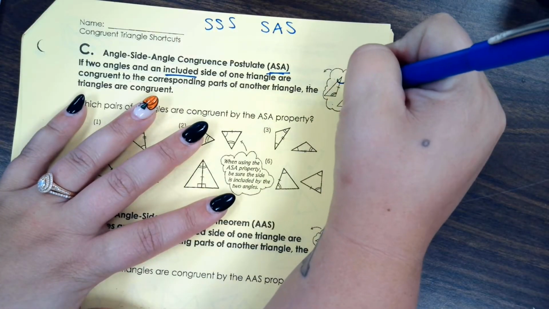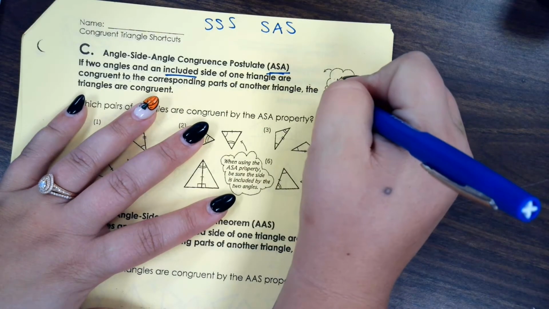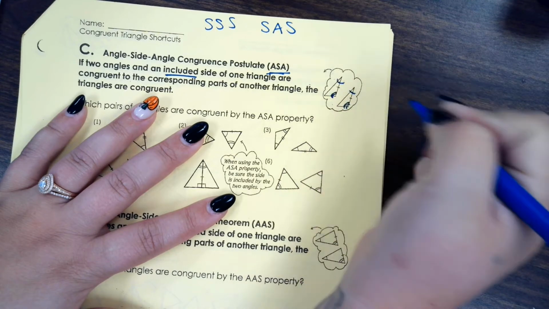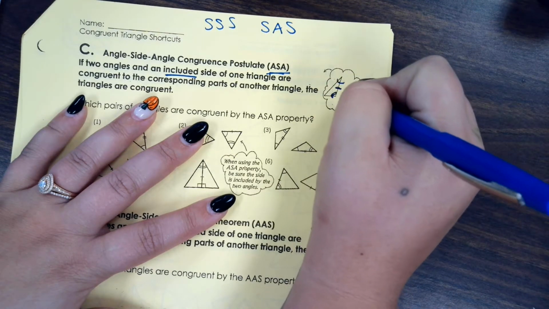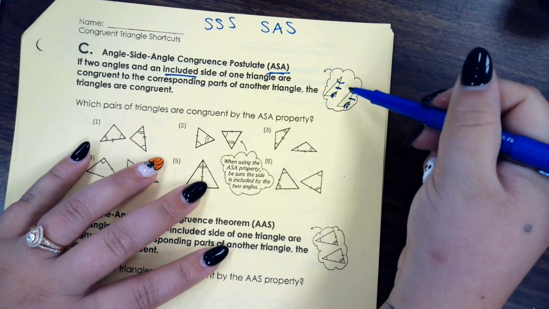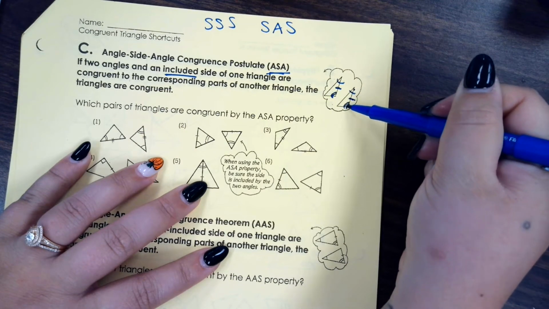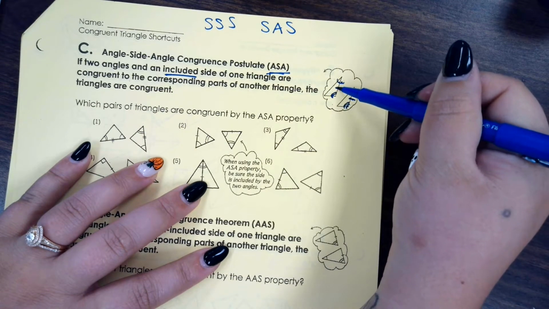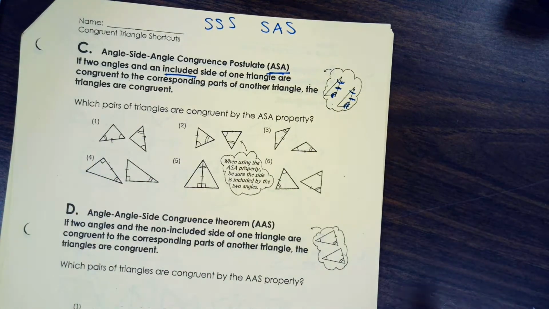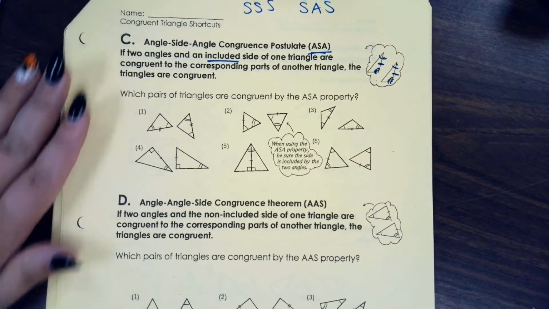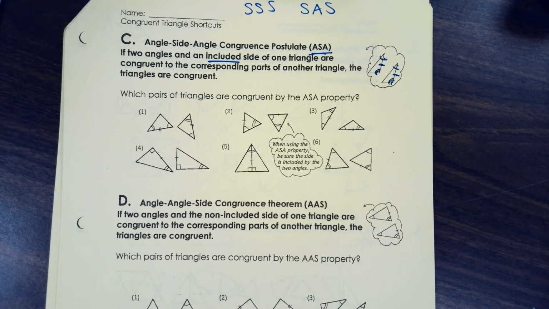We have congruent angles, and then the side that's included. So this would be angle, side, angle. All right, so let's take a look at these. Which pairs of triangles are congruent by the angle, side, angle property?